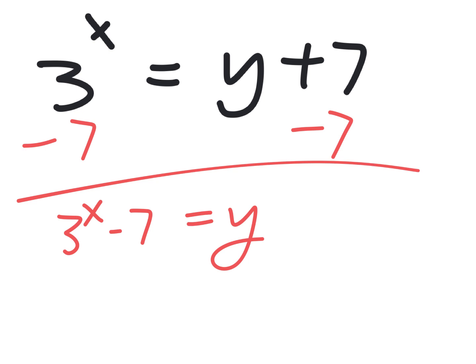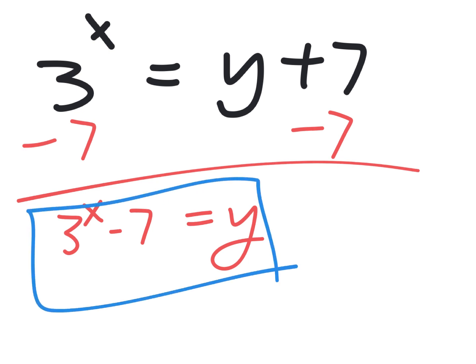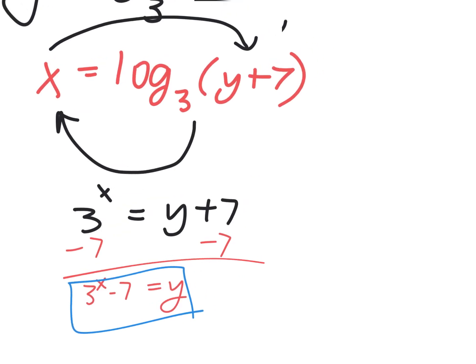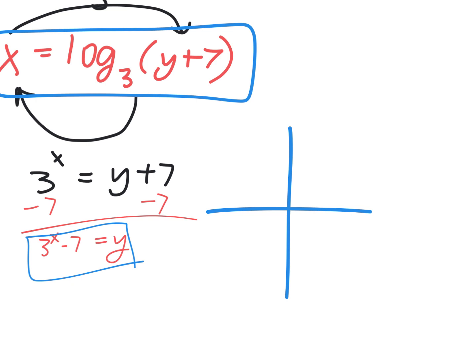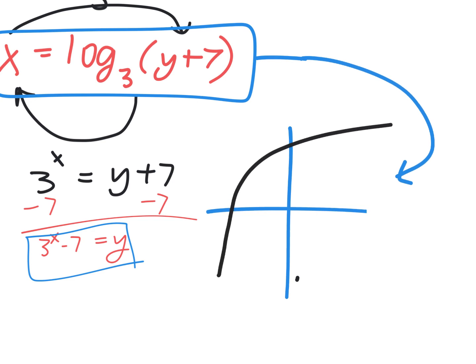Does that look like an equation to you? If you were to graph it and the original one, you would see, oh, here's my log that I had in the first place. I'm going to graph it over here. Here's my log. And wait, it's been moved 7 to the left, so it would look kind of like that. That's a log that's been moved 7 to the left.